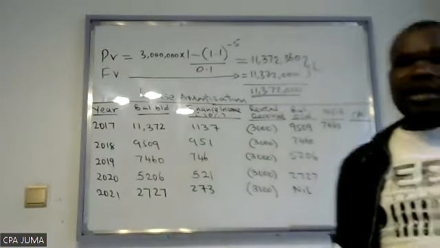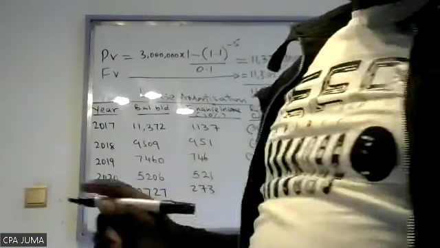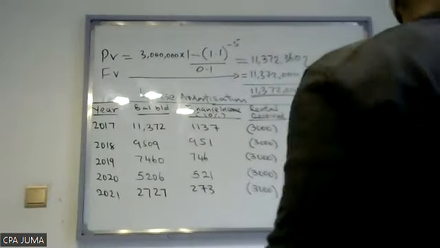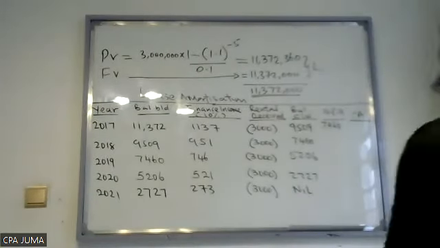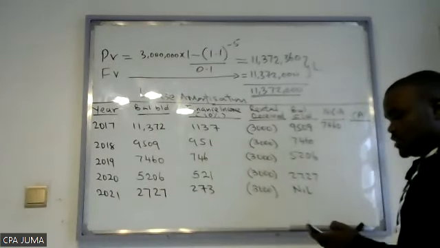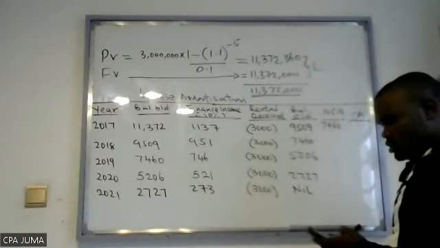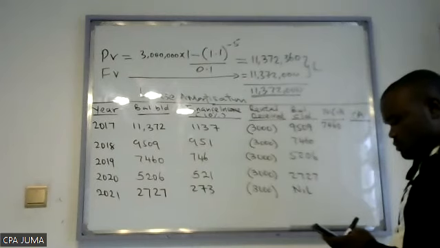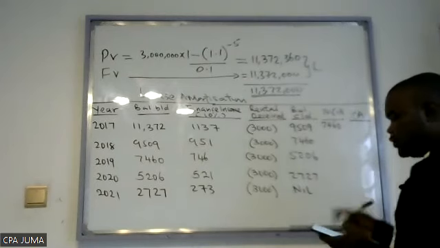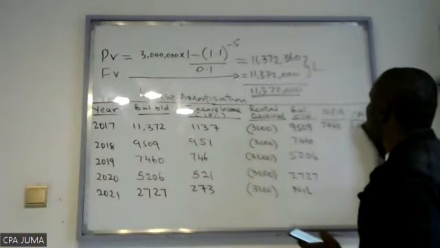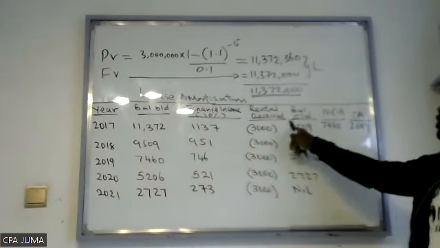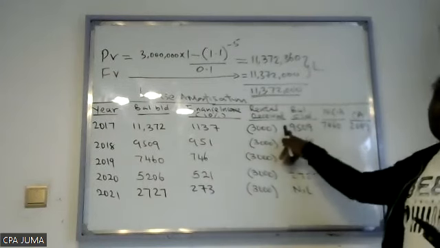So the difference will be received in the next 1 year. So that is 9509 minus 7460, you get 2049. So when you add this and this, you get the total obligation.